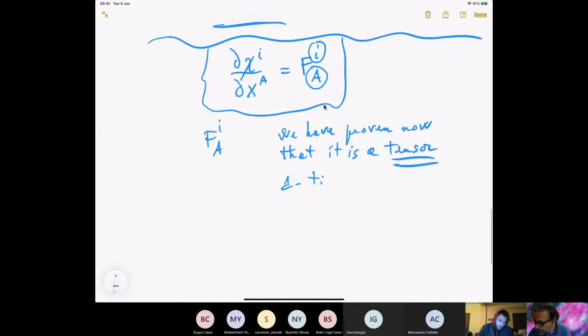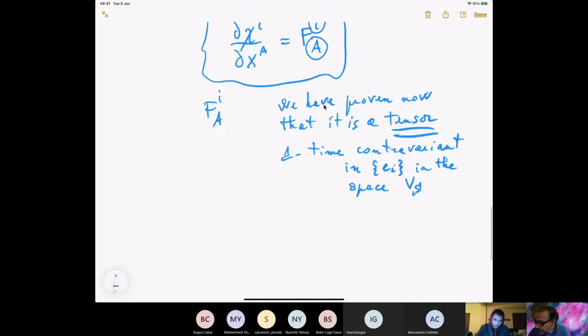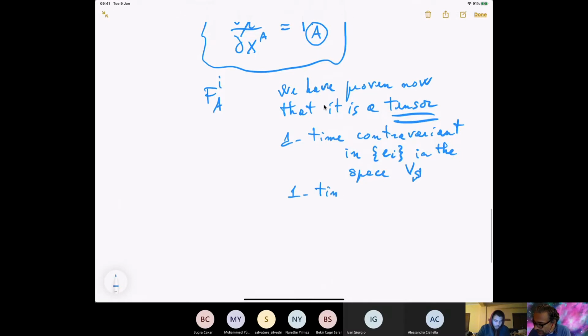One time contravariant in the basis small ei in the space V small, and one time covariant in capital EA in the space V big. Okay.